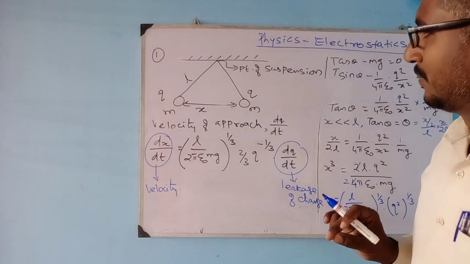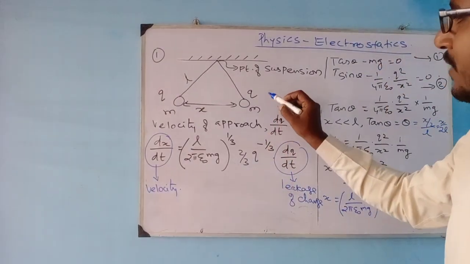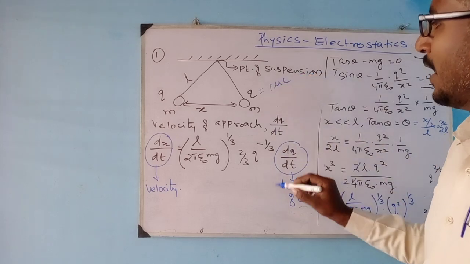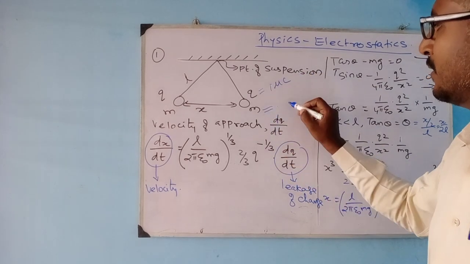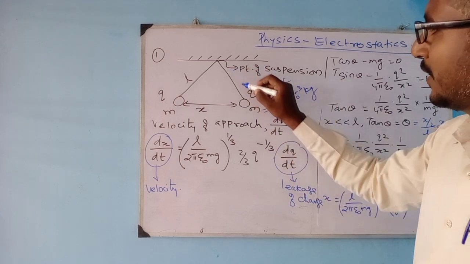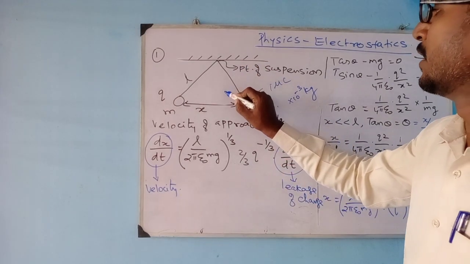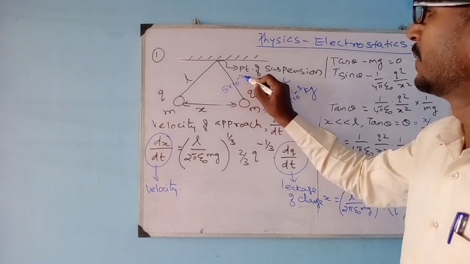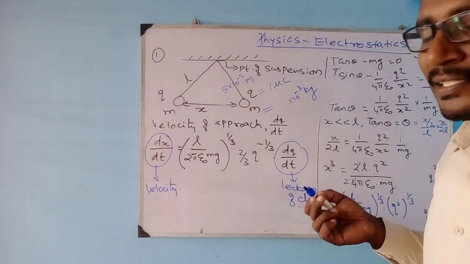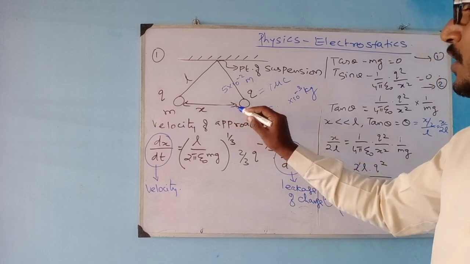In competitive examinations, they will be giving the value of this charge q, maybe 1 microcoulomb, the mass as something into 10 power minus 3 kg, and the thread hanging here as 5 into 10 power minus 2 meter. When these parameters are given, you can easily calculate the distance of separation between these two charged spheres.